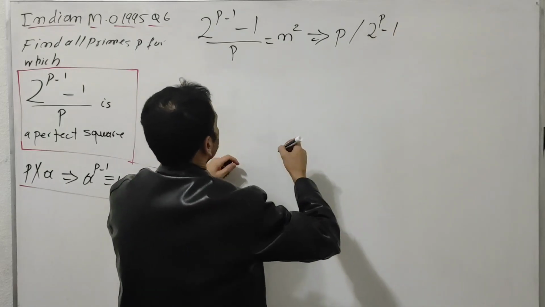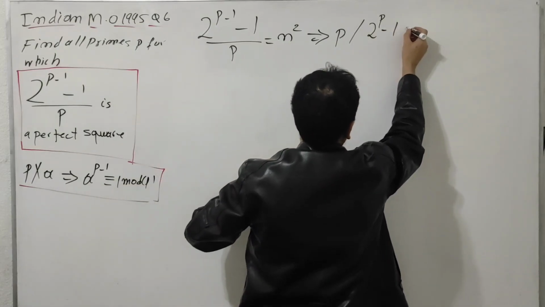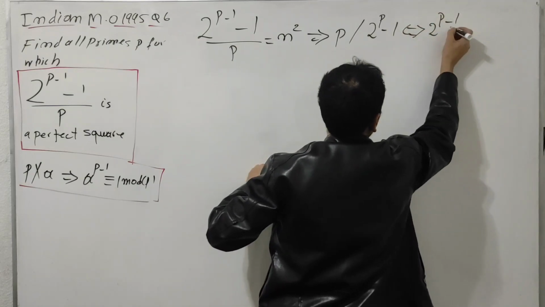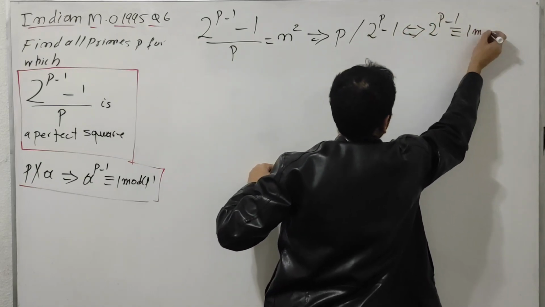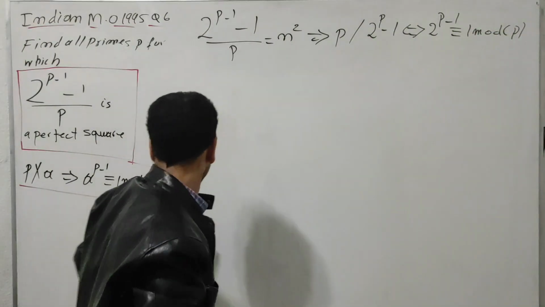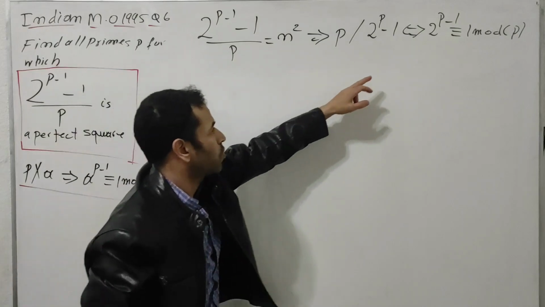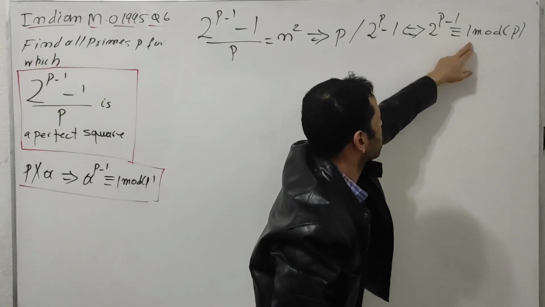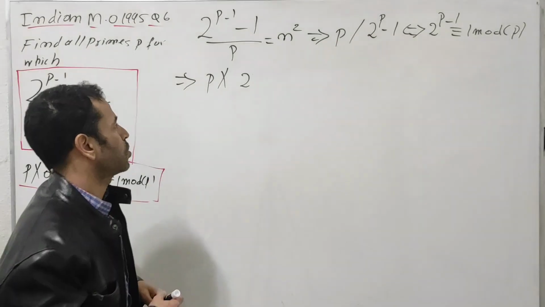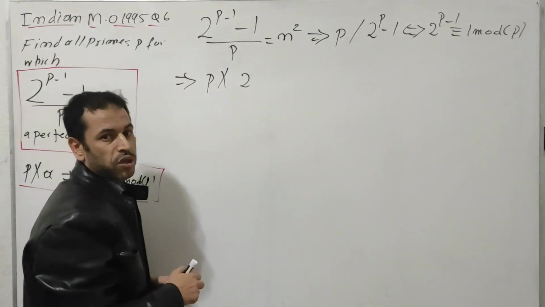On the other hand, 2 to the p minus 1 is congruent to 1 mod p, by Fermat's little theorem. That means p does not divide 2, so p is not equal to 2.